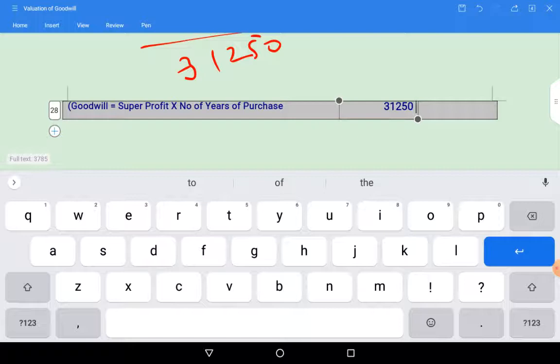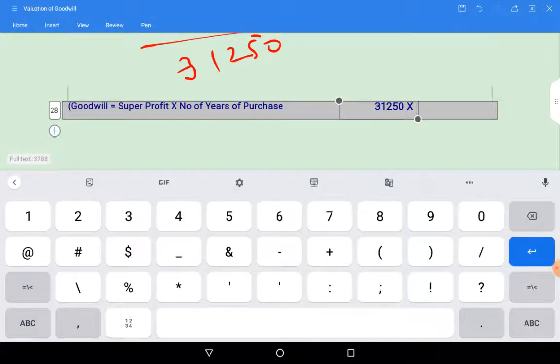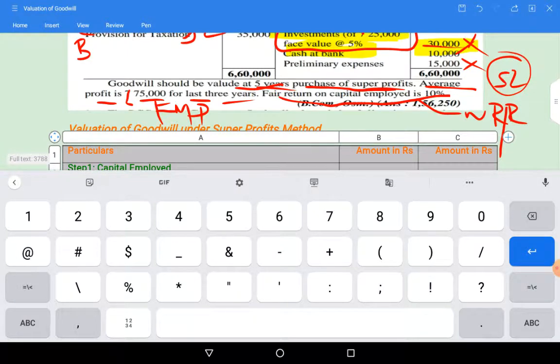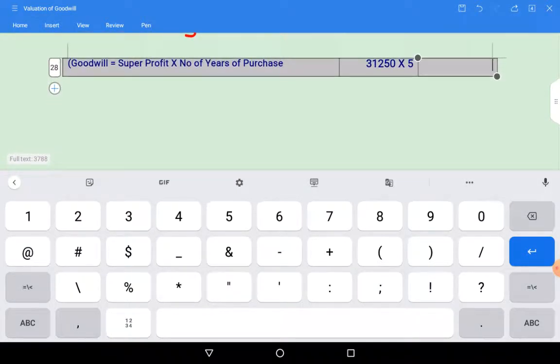Let us see the answer. 1,56,250. If anything goes wrong, please inform me. As per my knowledge, this is the answer.